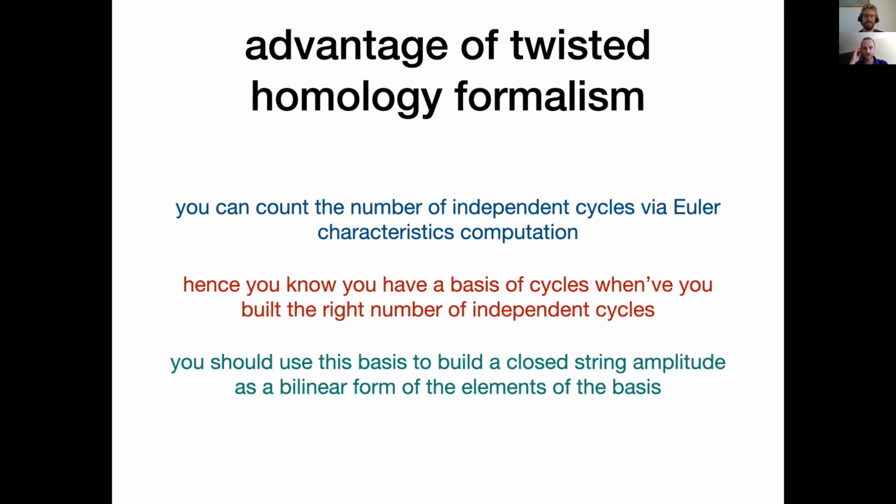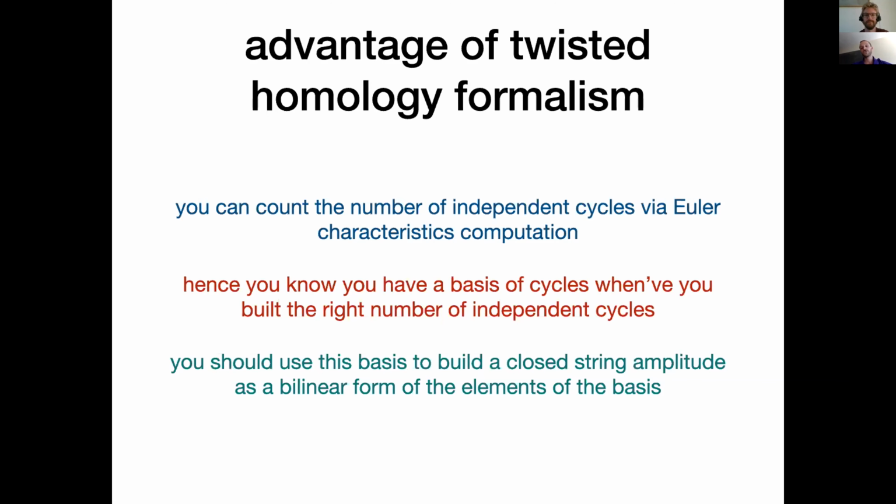With the twisted homology business, you're guaranteed by the mathematical theorems behind it that you can count the number of cycles via an Euler characteristic computation, and that computation is easy to do. So you know that when you've built sufficiently many cycles, you have a basis because you've reached the correct number.